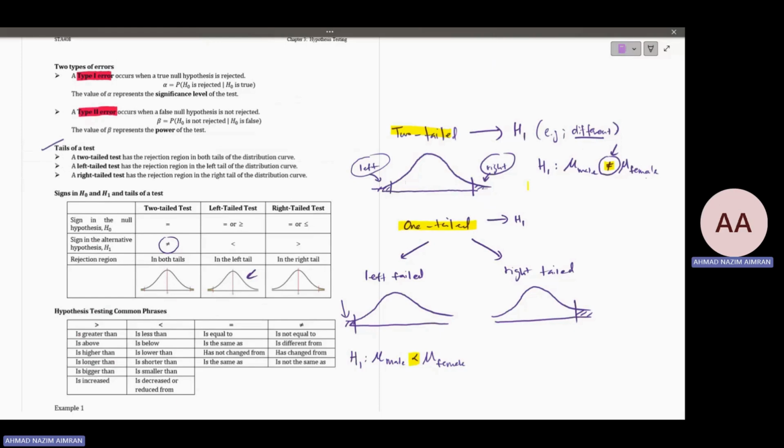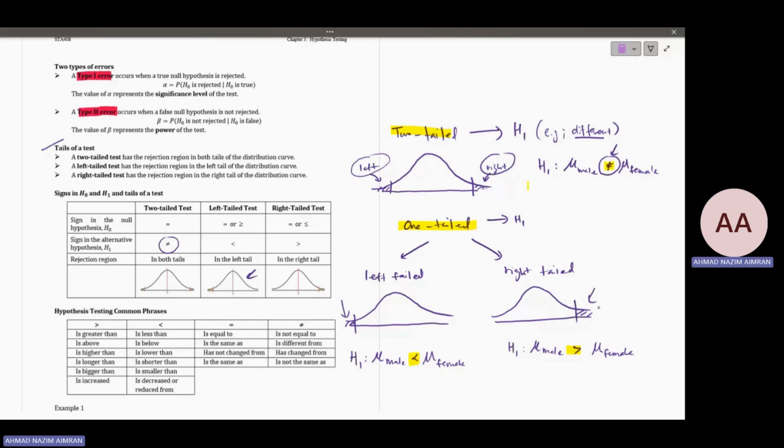If the question asks you to find whether the mean CGPA of male is greater than the mean CGPA of female, now look here, we use the symbol greater than. When we use the greater than symbol, we will test the hypothesis on the right side.